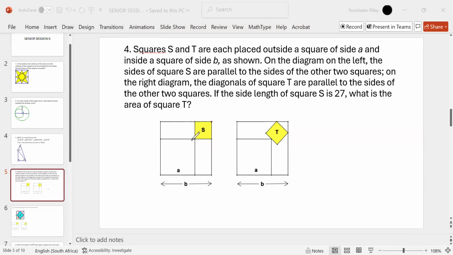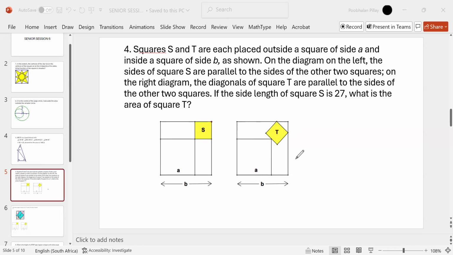In one case, you produce these lines, you get a new square and you call it S. And here, what you do is draw a square whose diagonals, they say the diagonals of square T, are parallel to the sides of the other two squares. So this diagonal here is parallel to that one. And this other diagonal is horizontal.